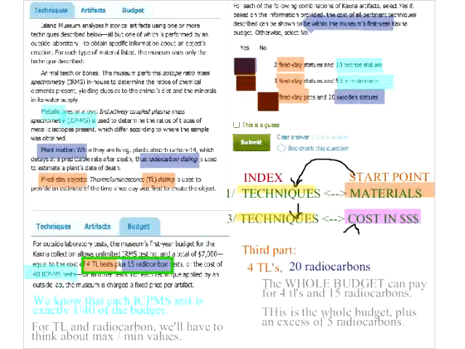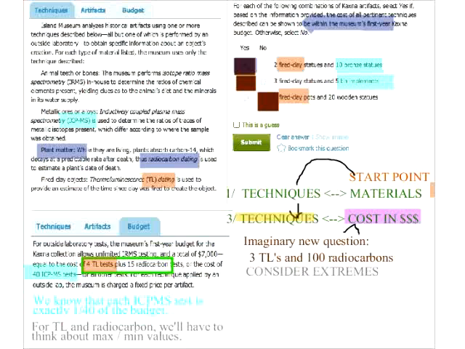You didn't have to consider extremes here because this is definitely more than the max budget. There's not even an issue here. But here it's not. So let's say each TL is close to 1/4 of the budget and radiocarbons are almost free.